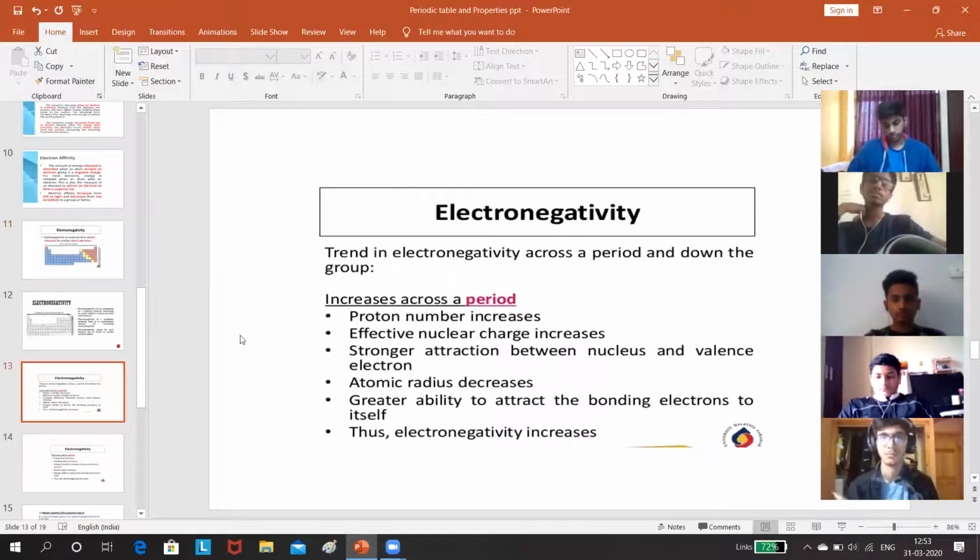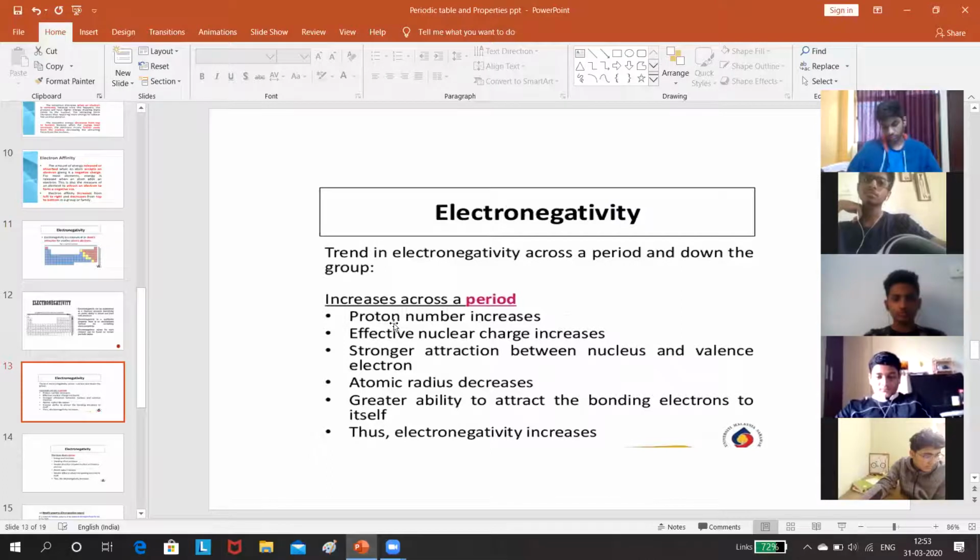Okay. So as you can see on this slide, across a period, what is happening? Proton number is increasing. The number of protons is increasing. Number of protons means nothing but the nuclear charge.